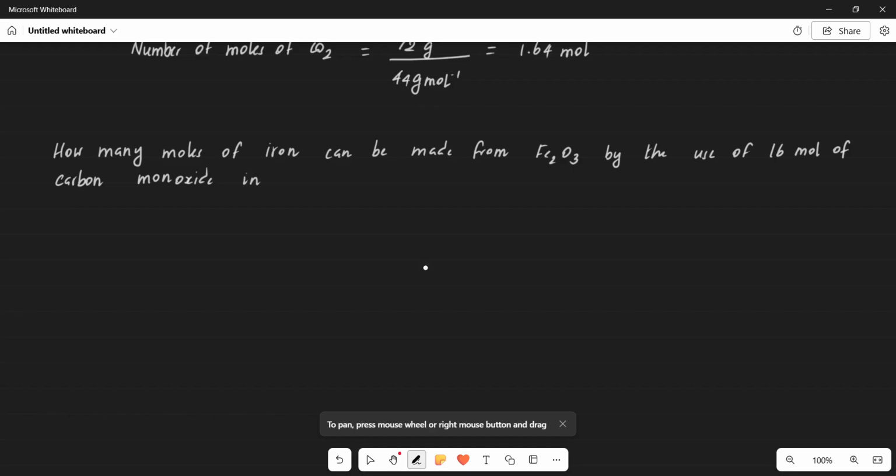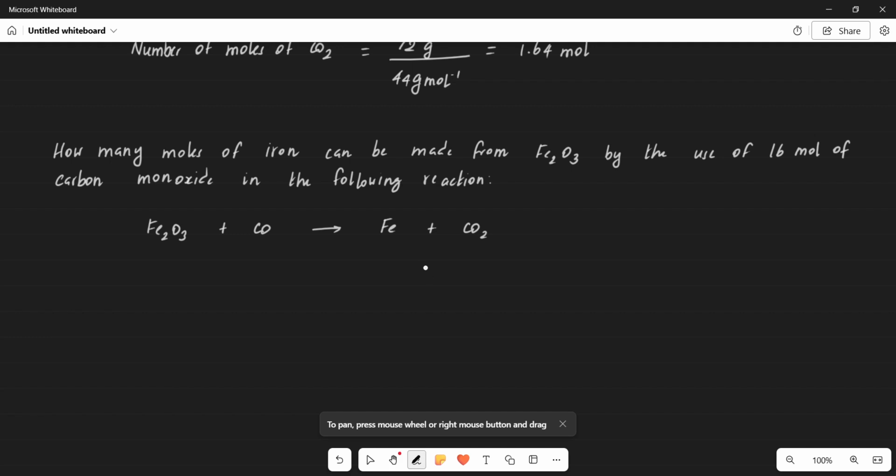In the following reaction, they are asking how many moles of iron can be produced. The reaction is given as Fe2O3 plus carbon monoxide gives Fe plus carbon dioxide.